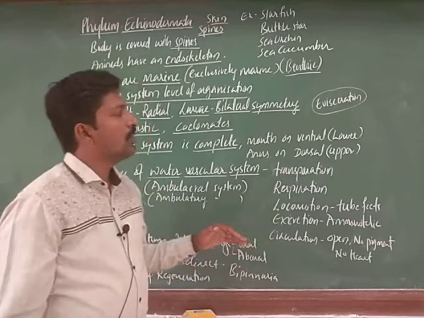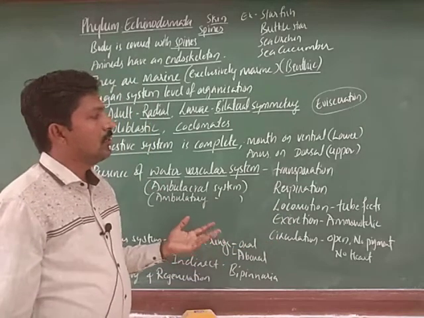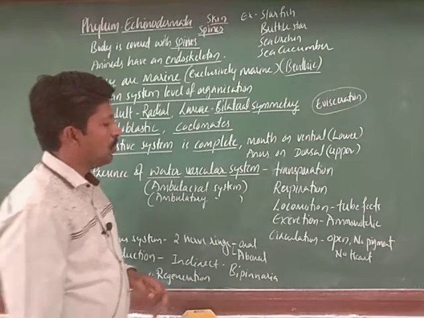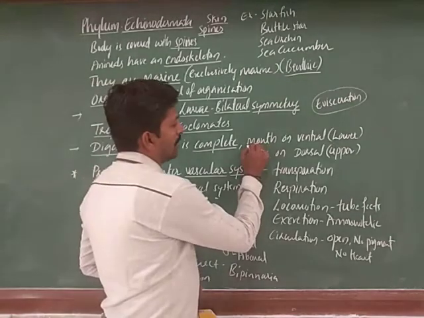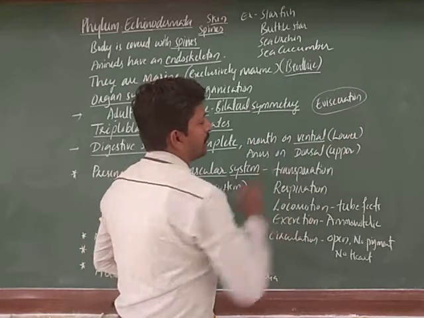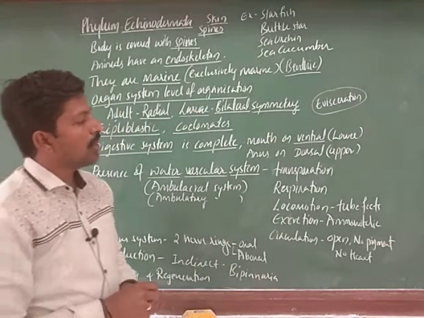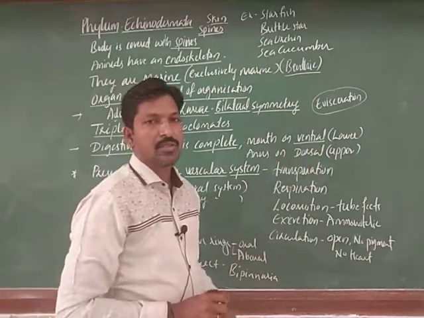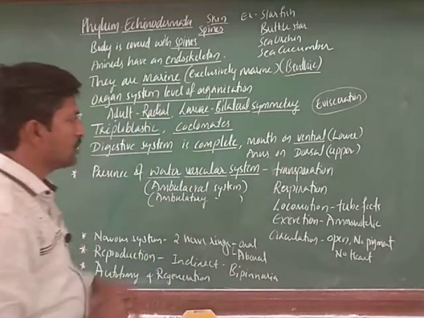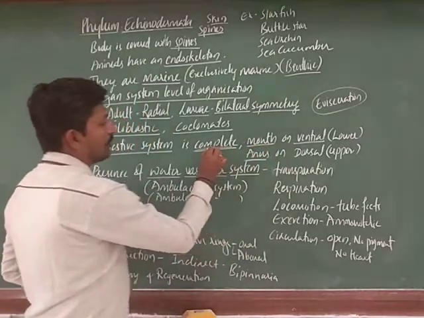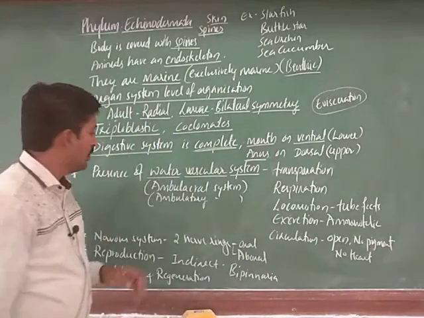We also use the terms oral surface and aboral surface. Oral means the ventral or lower side, and aboral means the dorsal surface. Since mouth and anus are both present, the digestive system is said to be complete.